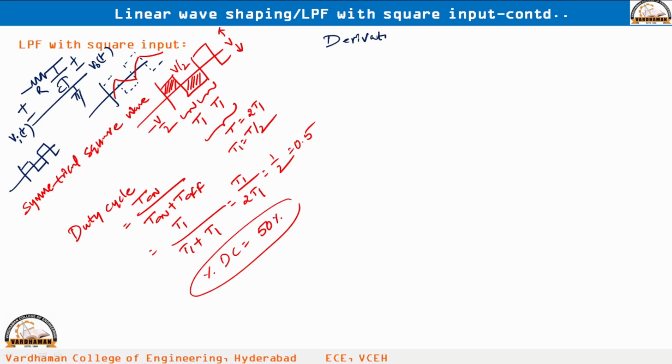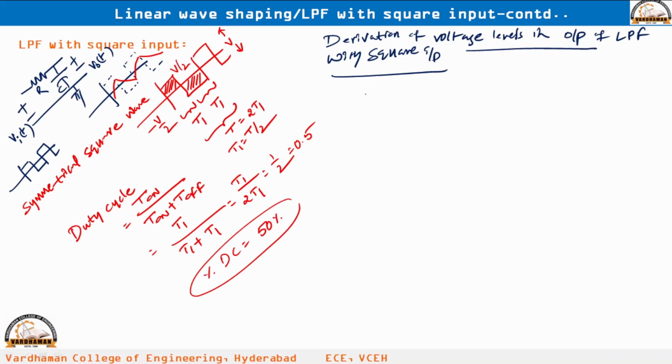Derivation of voltage levels in the output of a low pass filter with square input.